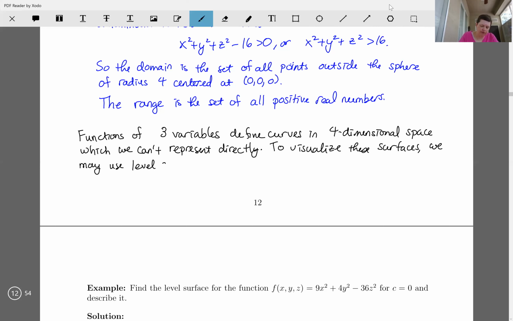So a level surface is just like a level curve.